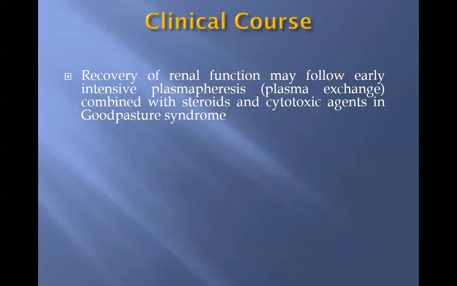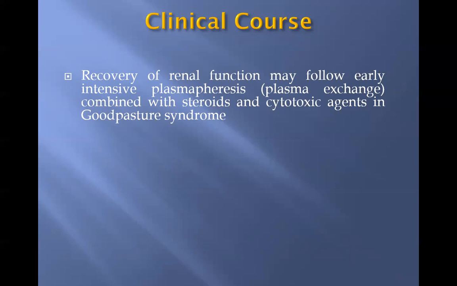Now, recovery of renal function may follow early intensive plasmapheresis. For example, if you have Goodpasture syndrome and these antibodies are circulating in the blood, what you do is plasmapheresis. You know how to do that? On one side you are taking out the blood, and from the other side you are putting in new blood. So the whole body blood is being exchanged.